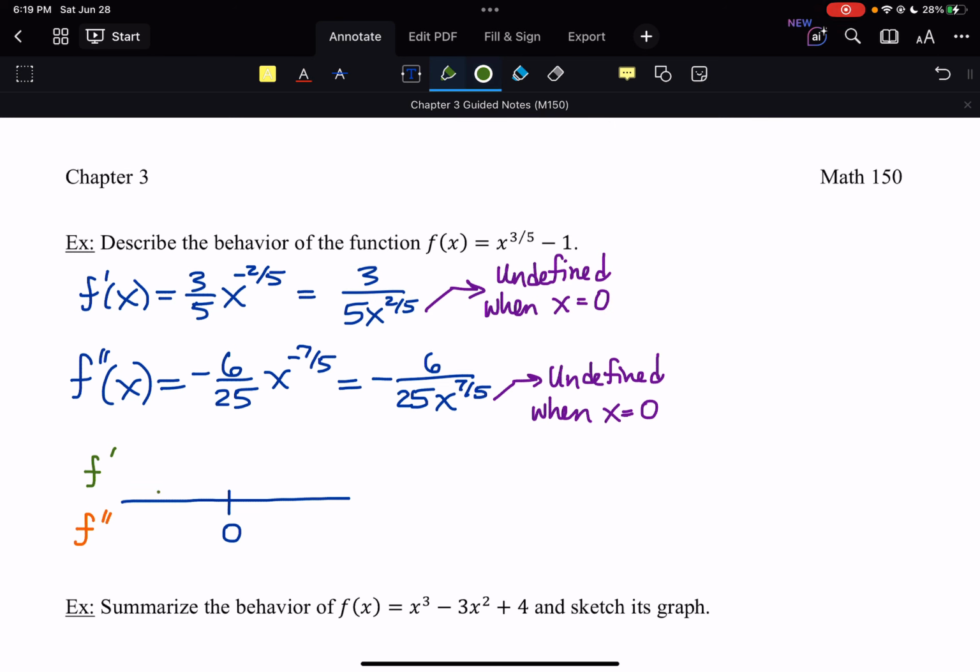So when we pick a negative value to put into f prime, like a negative value right here, it gets squared, so it becomes positive, and then everything else that applies to it doesn't change that. So that's positive. And if I plug a positive number into here, it stays positive. So we are increasing and increasing like that.